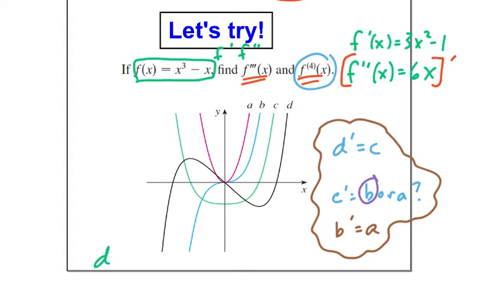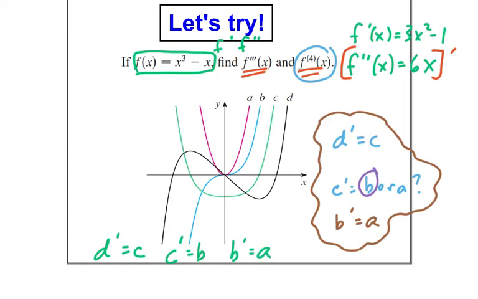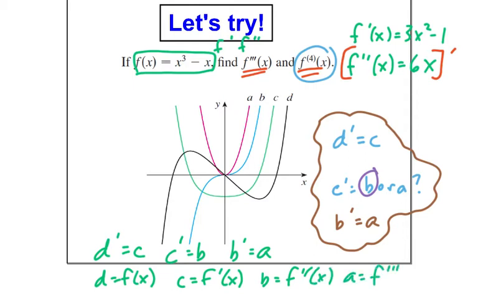The derivative of D is C, the derivative of C is B, the derivative of B is A. Or you can say it this way: if D is the original function, C would be the derivative of that graph, B would be the second derivative, and finally A would be the third derivative. A good AP question, guys.